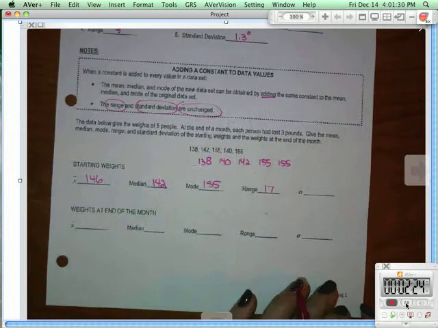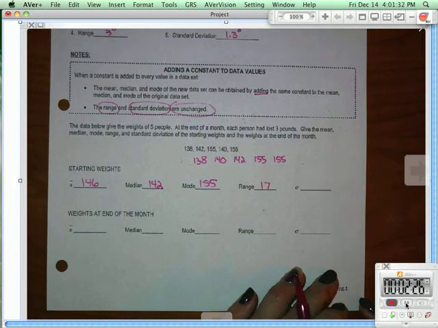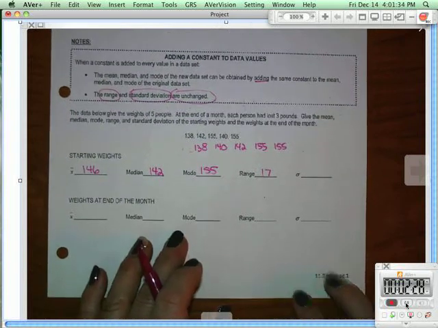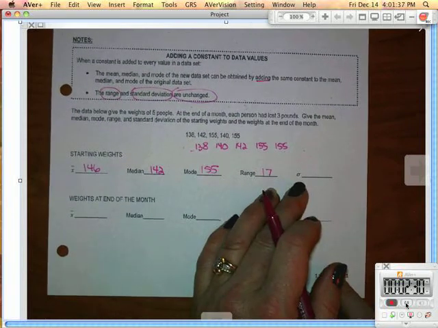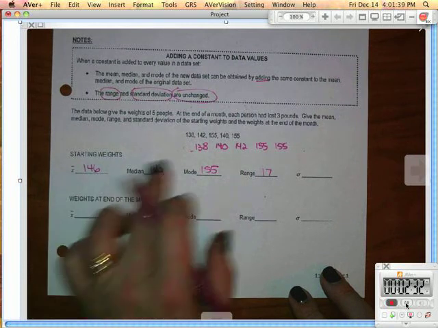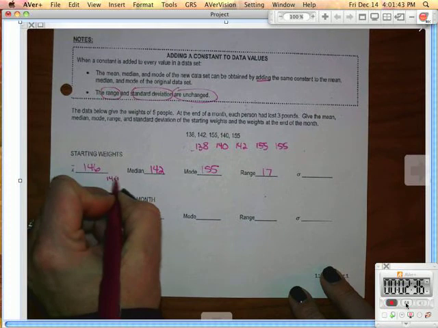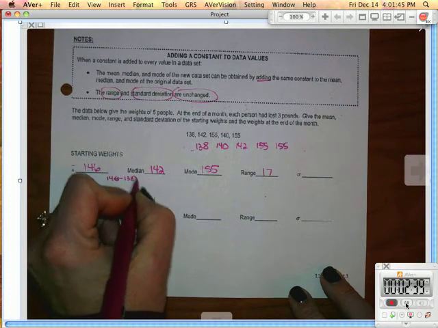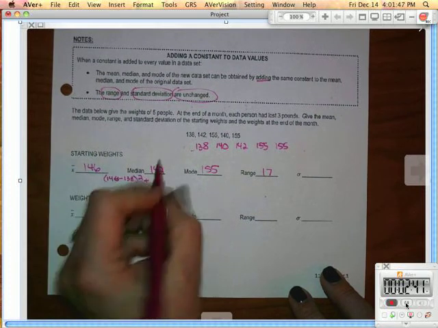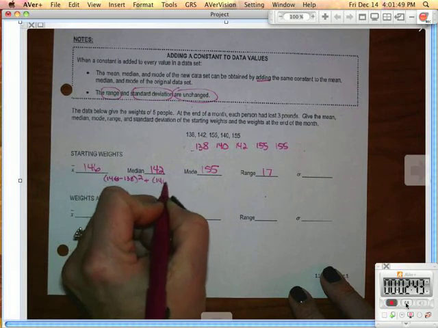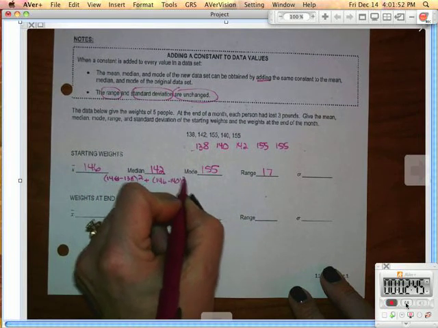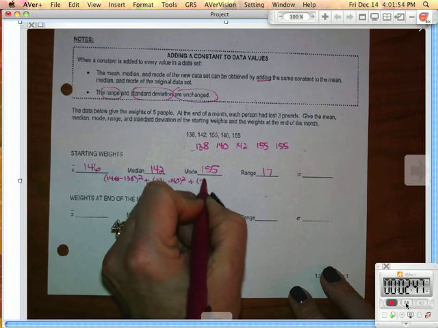And the standard deviation, of course you could get it from the calculator, but just to refresh your memory, all you have to do is take the mean and subtract each particular data piece. So I'm going to do 146 minus 138, square it, add to that 146 minus 140, square it, 142 minus 146.